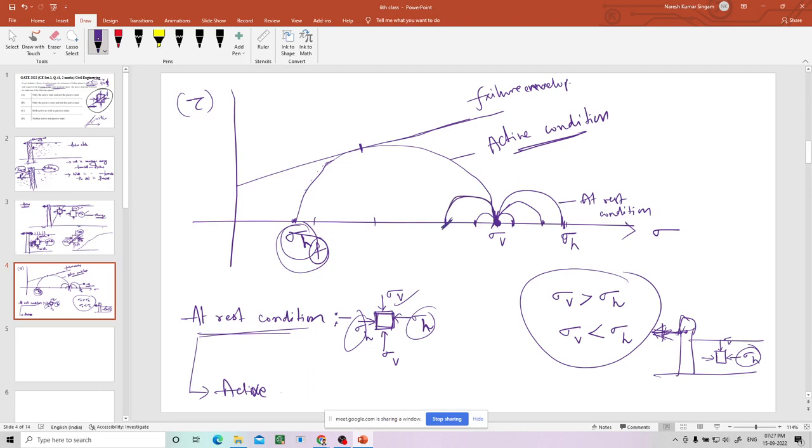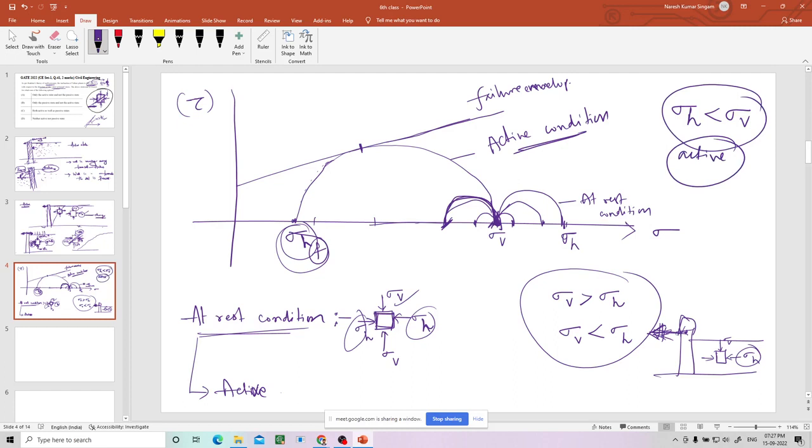That means sigma h is already less than sigma v. This is the initial circle. Now you are again starting the active condition. Then what happens? Again it will decrease only, right? From this circle to this circle it will reach. At the end, for the active condition, sigma h will always be less than sigma v, okay.